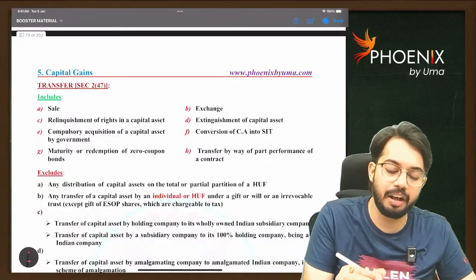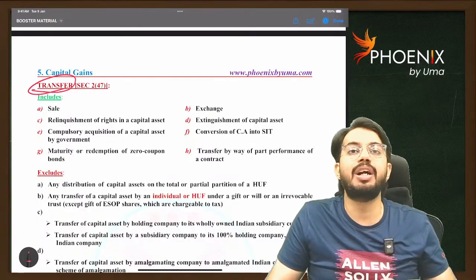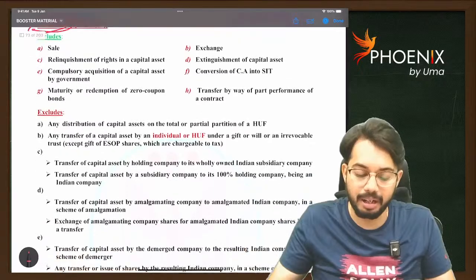Next, we will see the definition of transfer. So, did you understand the definition of capital asset? Comment.